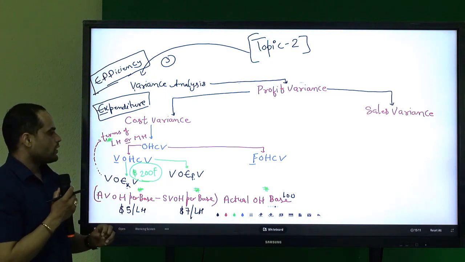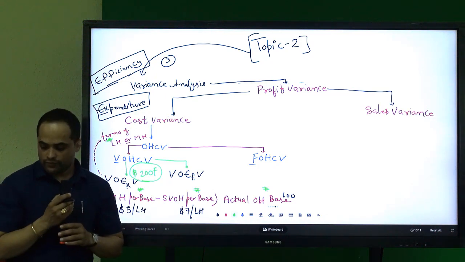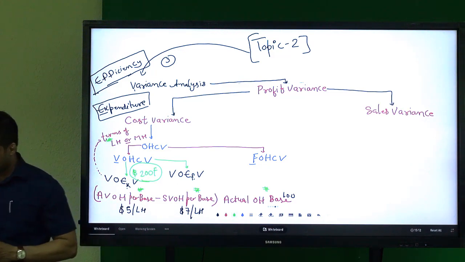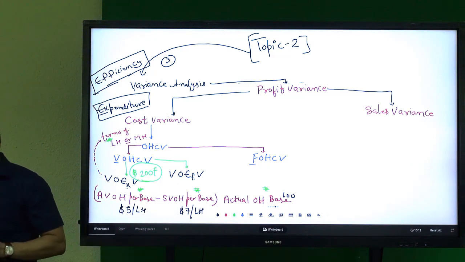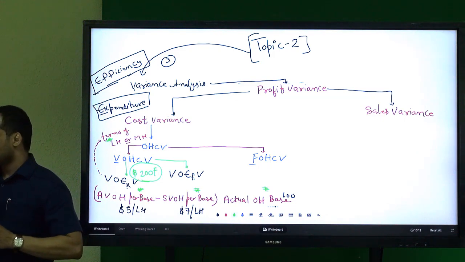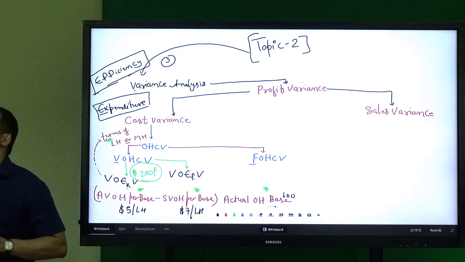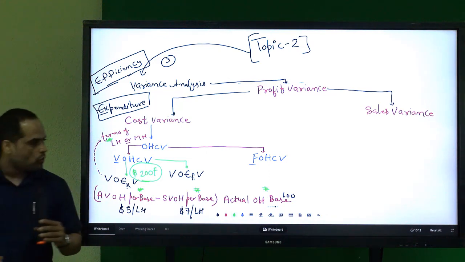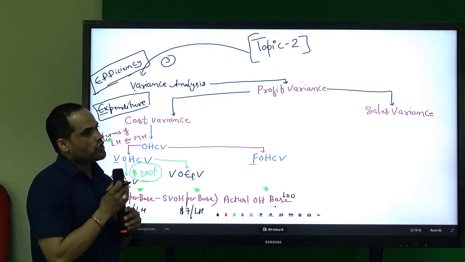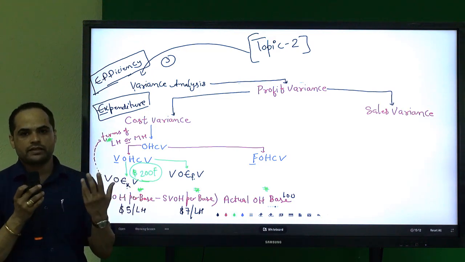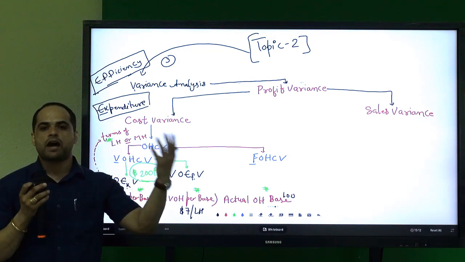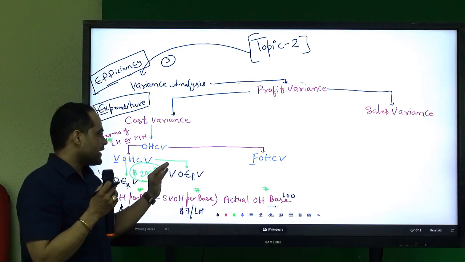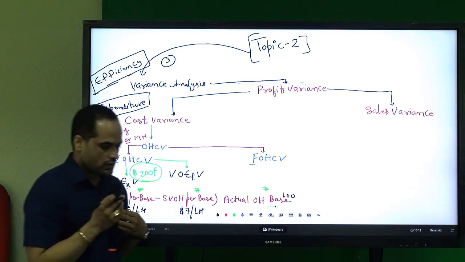Next is variable overhead efficiency variance, right? Efficiency is more about performance. So how to explain variable overhead efficiency variance?